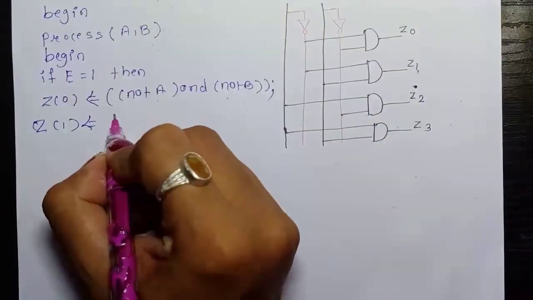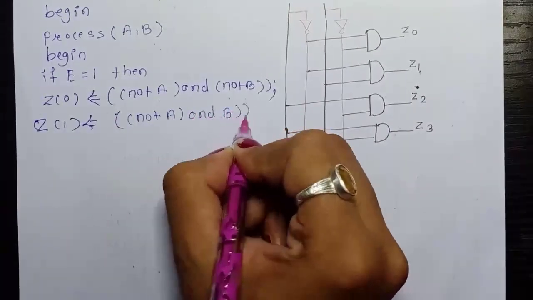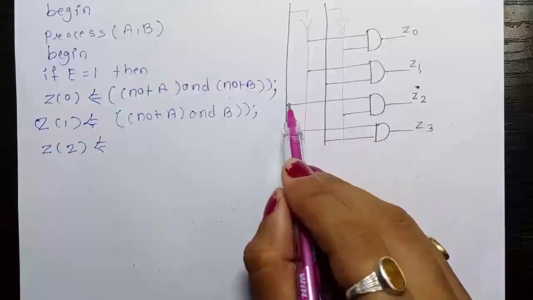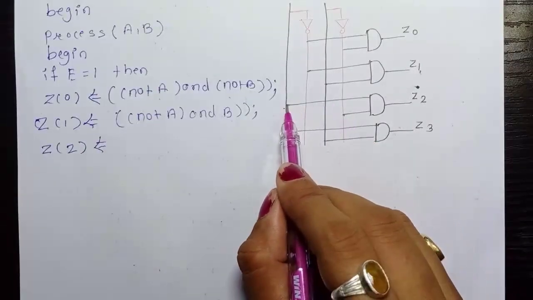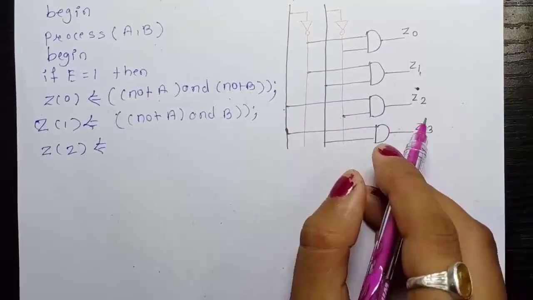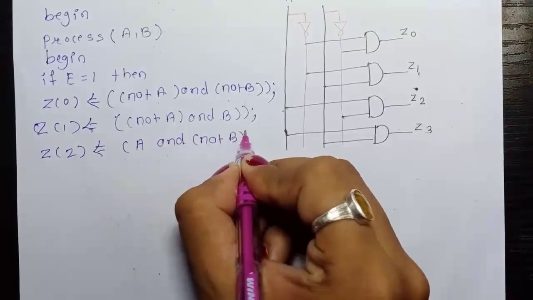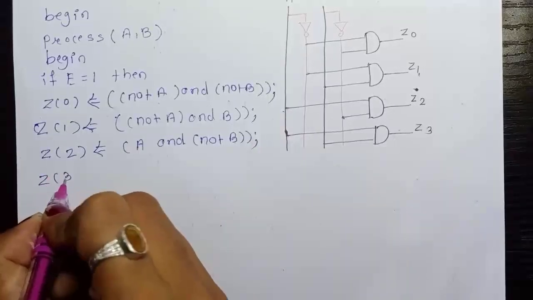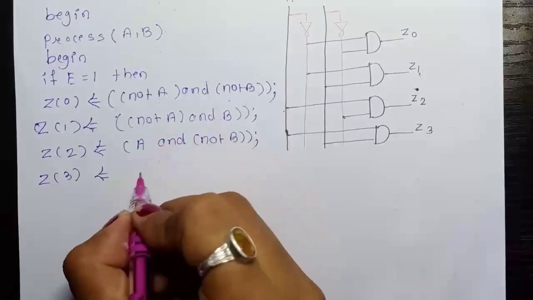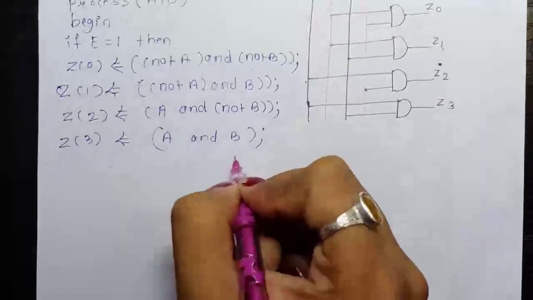So Z1 is not A and B. Okay, when will I get output Z2? When A is 1 and B is 0, that means A into B bar, that means A and not B. So A and not B. And Z3, when both the inputs are 1, that time my Z3 will be activated, that means A and B.